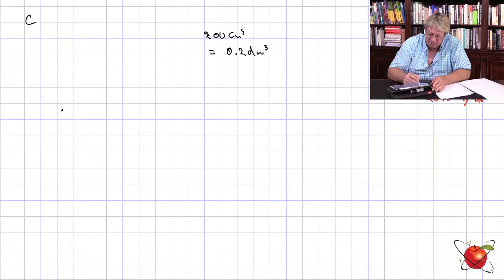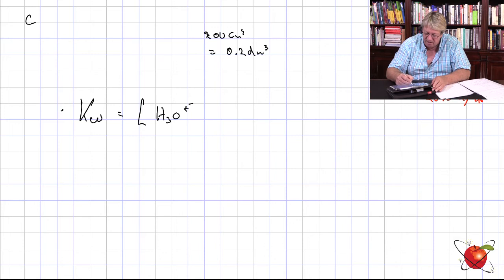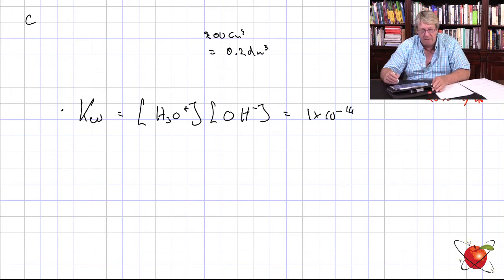So what do we do now with this one? We've got a bit of an issue. Let's see how we're going to deal with it. What we're going to do is we're going to say we know that now when we're using a base, you invoke this dissociation constant of water, where we've got H3O plus times OH minus equals 1 times 10 to the minus 14. Remember that one? Look, we've got over here, this is the concentration of OH minus, isn't it?